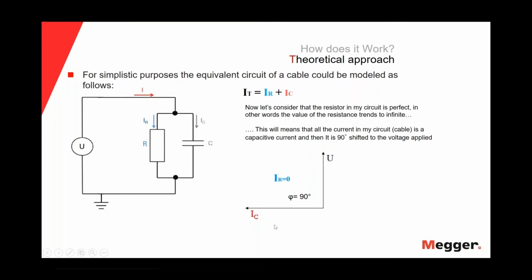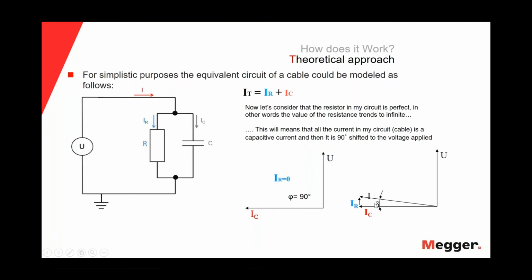In the diagram that describes this situation, we have a little component of the resistive current over here, and this angle, the delta angle, will be a good indication of how good or how bad the insulation in my cables is.